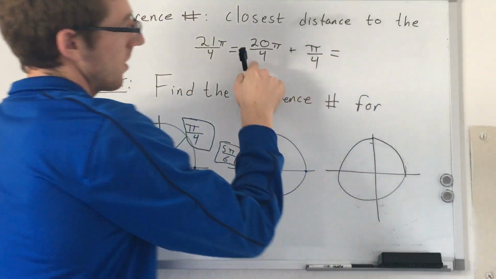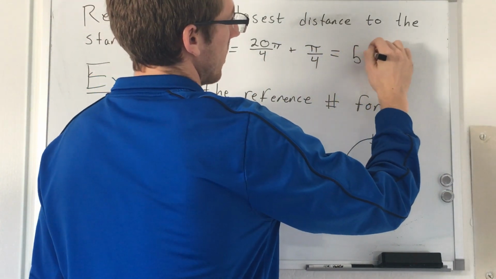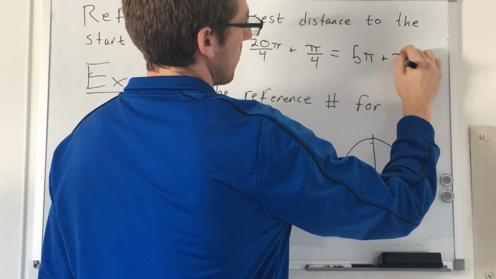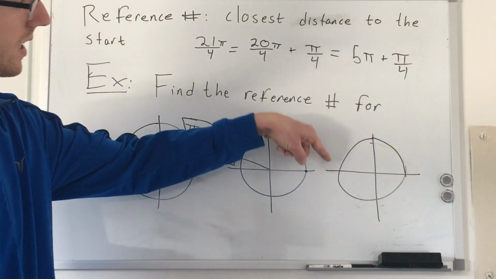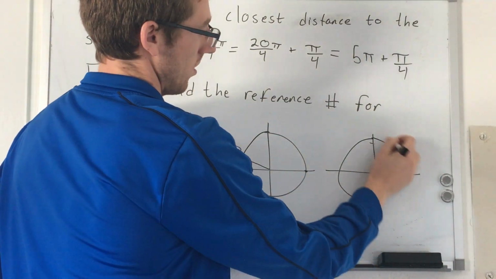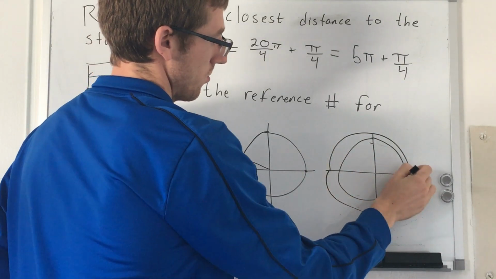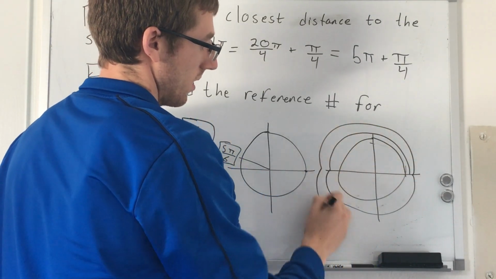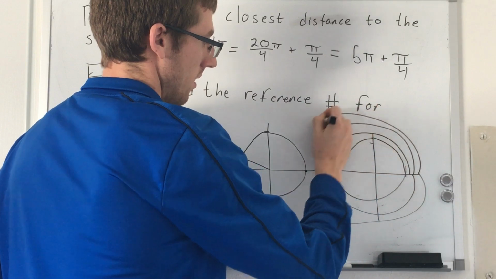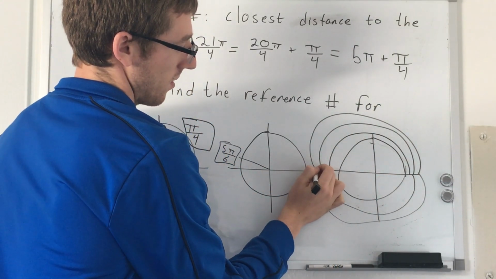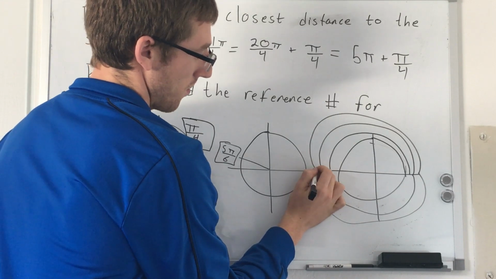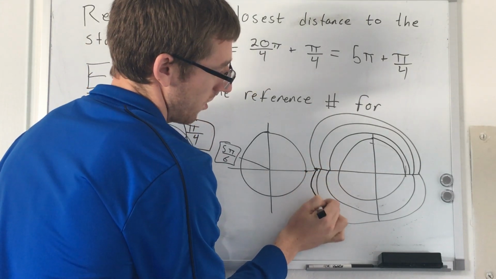So that's the same thing as what? 5 pi plus pi over 4. So 5 pi, let's do it. Remember, every 180 is 1 pi. So we're going to go 1 pi, 2 pi, 3 pi, 4 pi, 5 pi. So I've gone 5 pi. I'm right here. Now I need to go pi over 4 more.